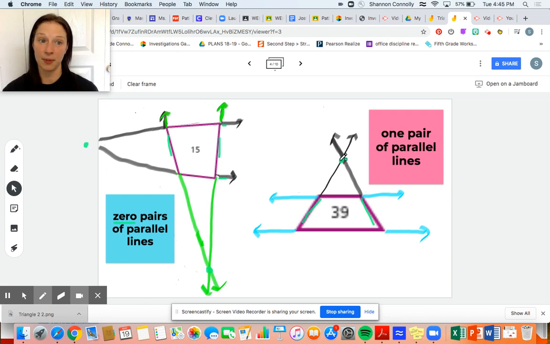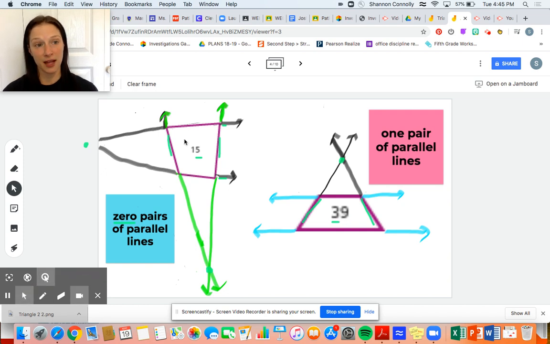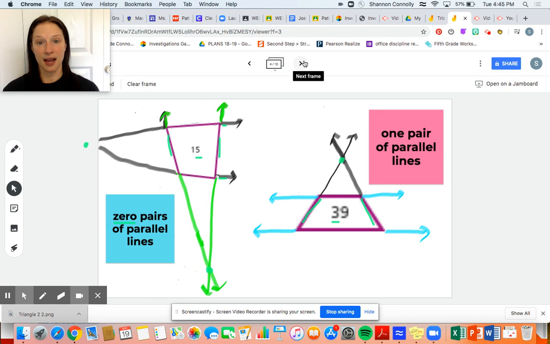Okay, so that's not a pair of parallel lines. So with quadrilaterals, you can either say there are 0 pairs of parallel lines, like in this example. You can say that there might be 1 pair of parallel lines, like in this example, or you can say there are 2 pairs of parallel lines, like we saw in the last slide.